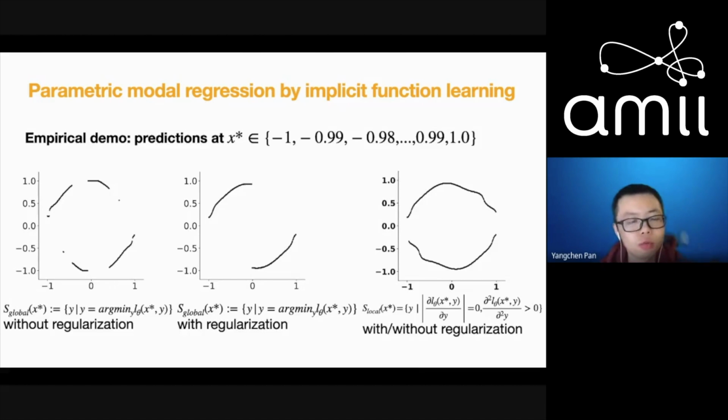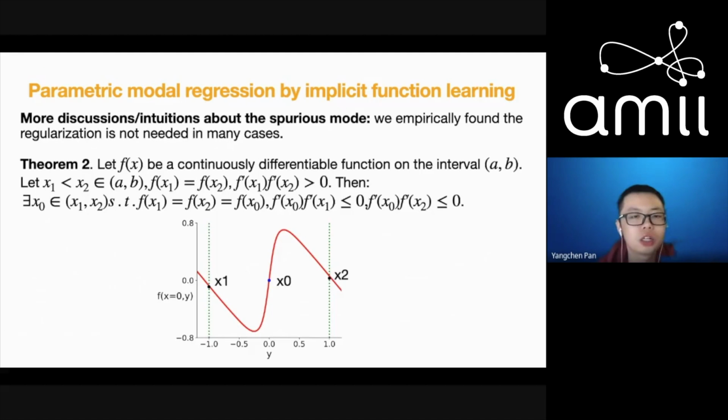Without the regularization, we only see incorrect predictions in the sense that we cannot identify whether it is high or low likelihood. This is actually interesting because it seems that even without regularization, we do not see such very incorrect spurious modes. And we found that the regularization is not needed in many cases, actually. So we try to find out the reason why this can happen.